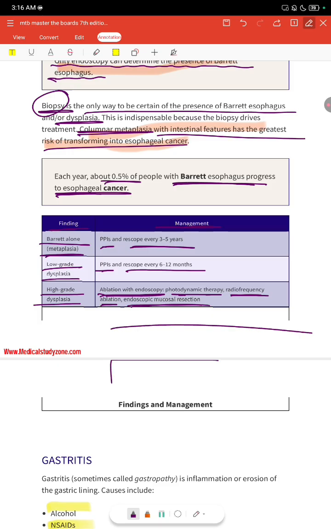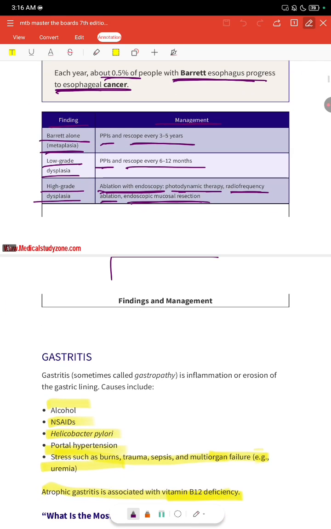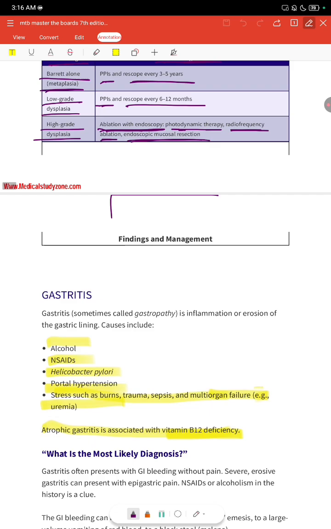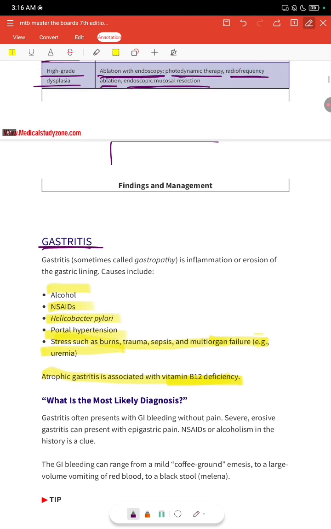So it was all about the findings and management. Now let's talk about gastritis. Gastritis, sometimes called gastropathy, is inflammation.